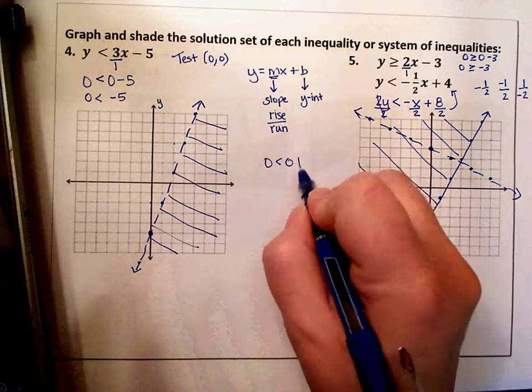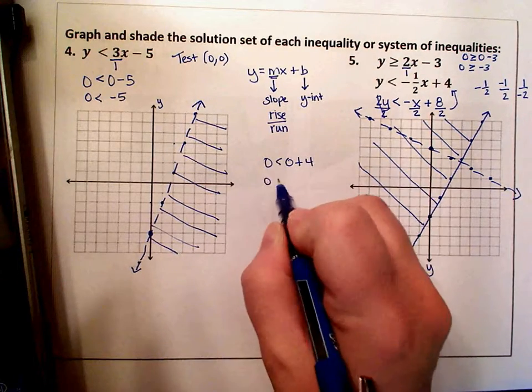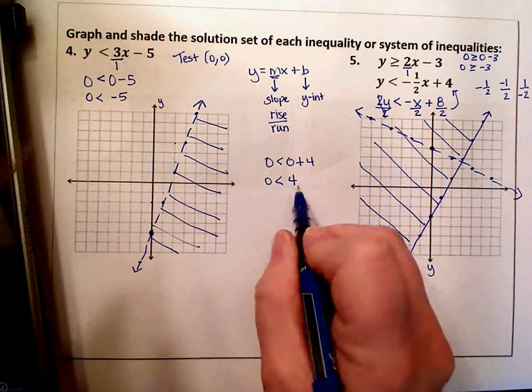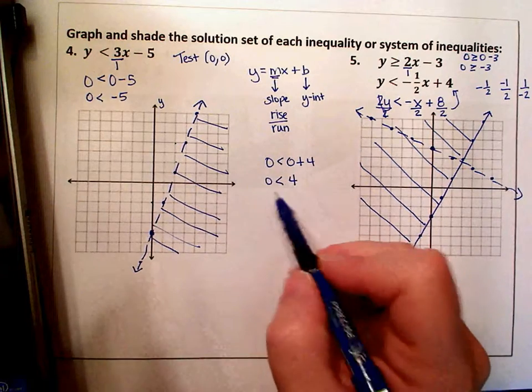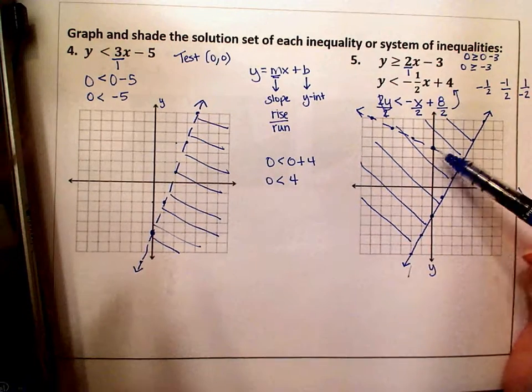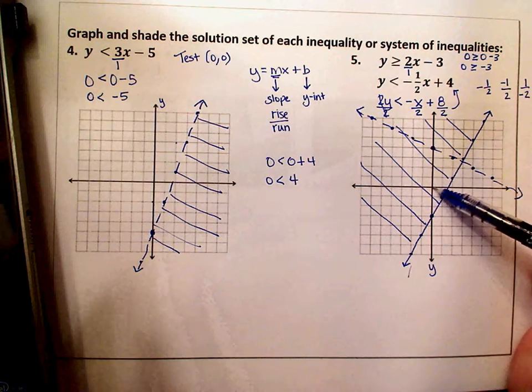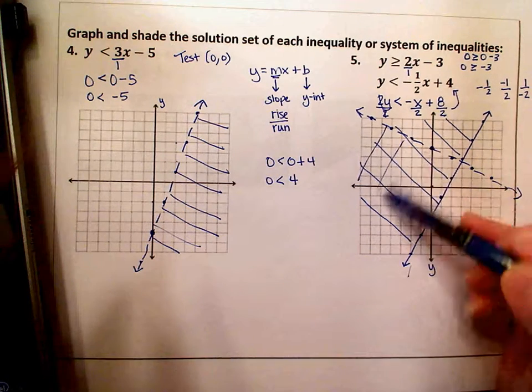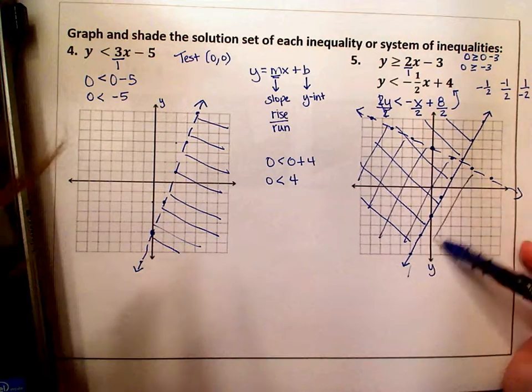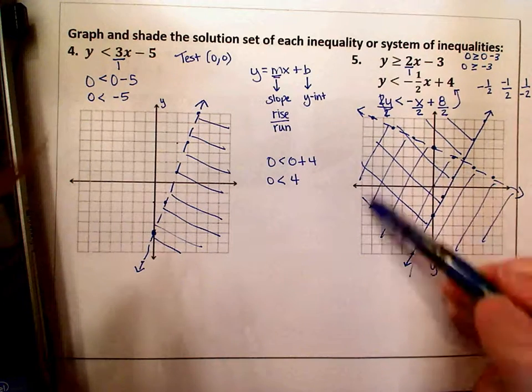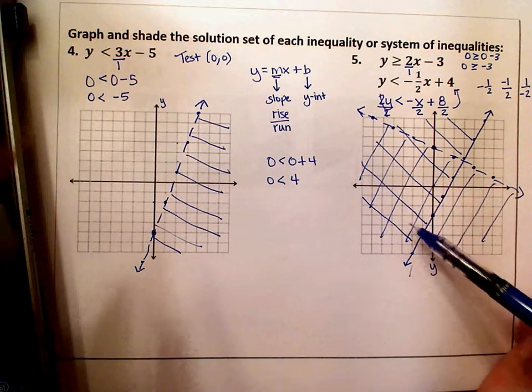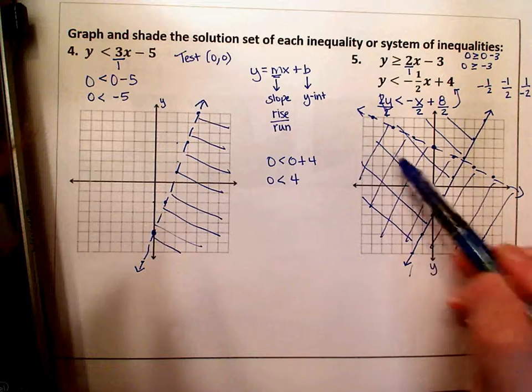So 0 plus 4 is 4. So is 0 less than 4? Yes, 0 is less than 4, so I'm going to shade the side of the line that has the point 0, 0 on it. So in this case, it's this side of the line. Now my solution is where both of those intersect. So the solution to the system is this double shaded area.